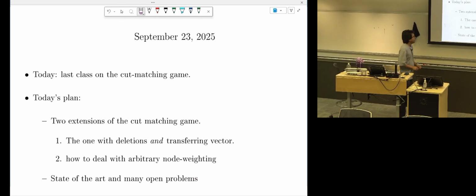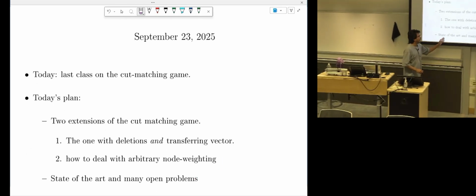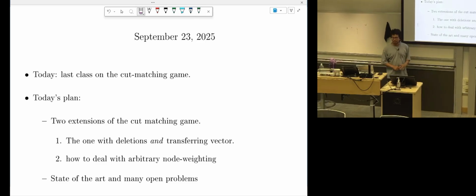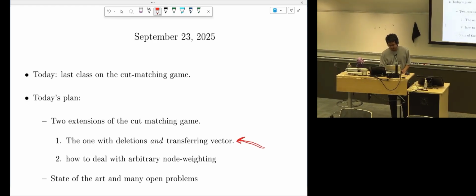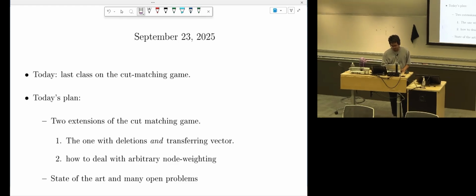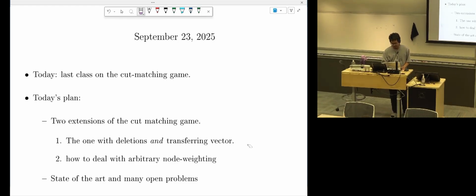And then we're going to look at the state of the art of what's known for the cut matching game, and there are many open problems. This version is not really taught anywhere, I think, and it's been presented in some paper that is really hard to understand, but we're going to learn it today.